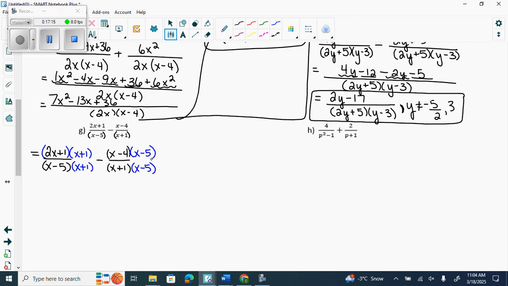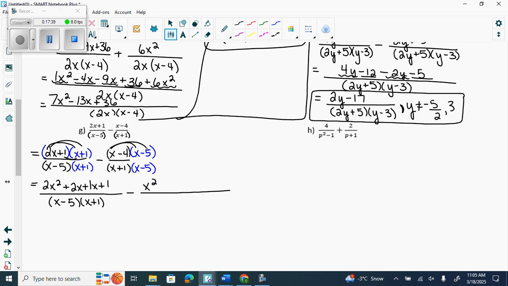So we distribute, and we get 2x squared plus 2x plus 1x plus 1 all over x minus 5, x plus 1, minus x squared minus 5x minus 4x plus 20 over x minus 5, x plus 1.